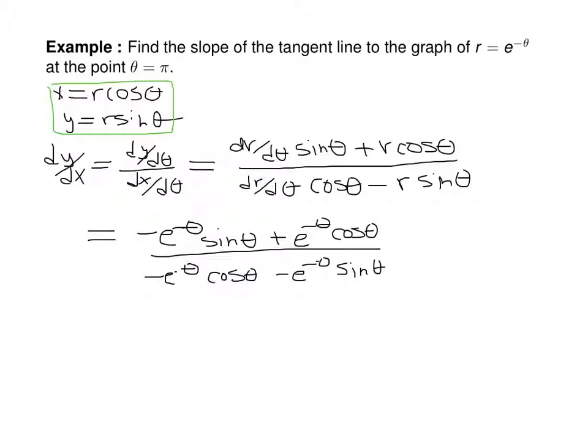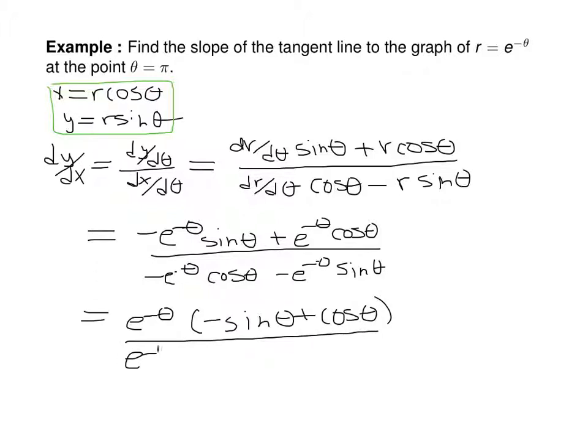Now we can factor out and cancel an e to the negative theta, times negative sine theta plus cosine of theta, all divided by e to the negative theta times negative cosine theta minus sine theta. So those e to the negative thetas can cancel. And we can find the slope of the tangent line by plugging in pi.